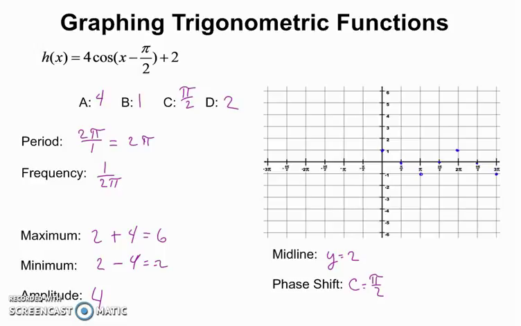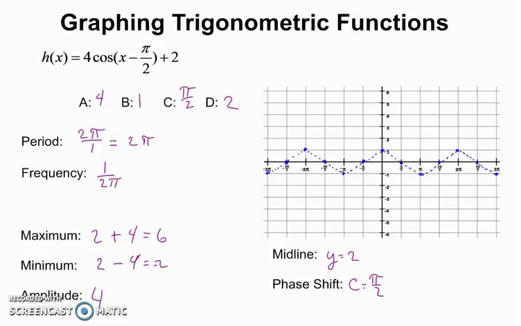And in the other direction, we go 0, negative 1, 0, 1, 0, negative 1. So basically sine and cosine are a pi over 2 phase shift from each other. Not that you have to know that, but it's useful if you think about it. So there's our basic cosine function.